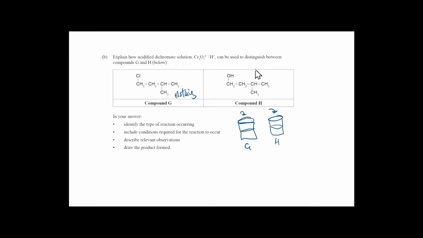So the type of reaction that we're doing here is a classic reaction, which is oxidation to find alcohol. And we can even use it to have primary alcohol, secondary or tertiary. So what's going to happen is this thing is going to be kind of an orangey color.